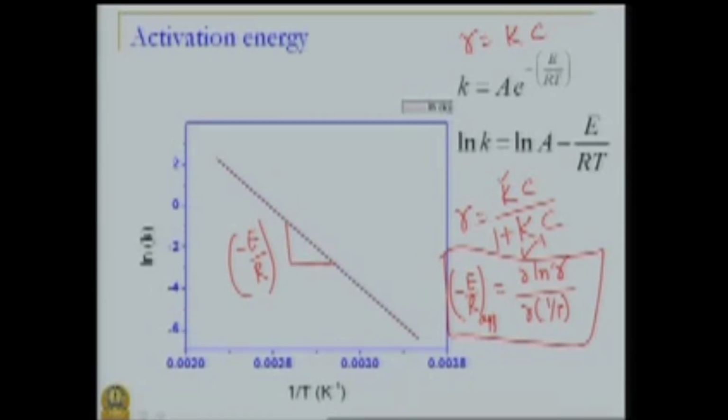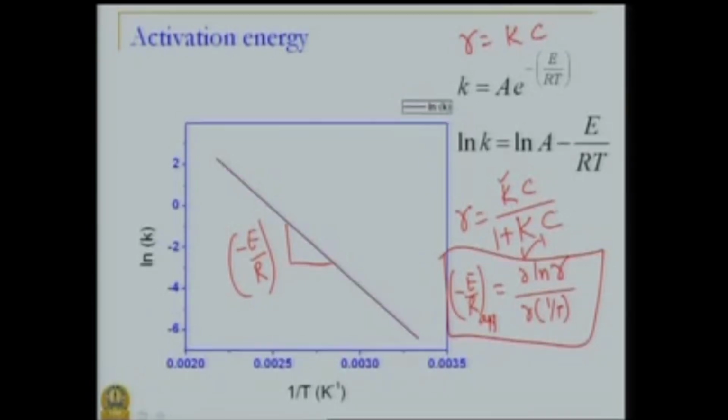Why are these apparent orders and apparent activation energies required? As we will see later on, not just for this kind of reaction, but for reactions where transport is important, we find that the rate of reaction actually may not be given by the kinetic rate expression such as this, but it may involve transport processes, diffusion, mass transfer rate. So, the rate may actually be governed by the diffusion rate, for example.